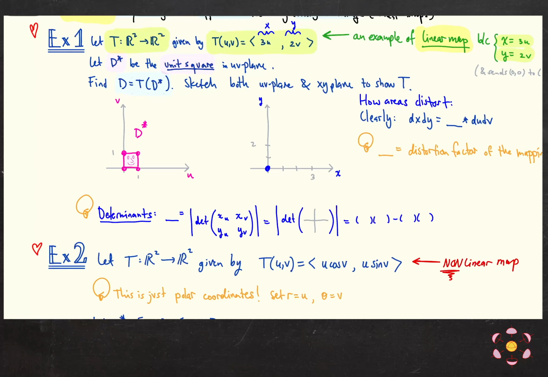If I plug in 1, 0, I'm going to get 3, 0. Similarly, if I plug in 0, 1, I'll get 0, 2. And if I plug in 1, 1, I'll get 3, 2.